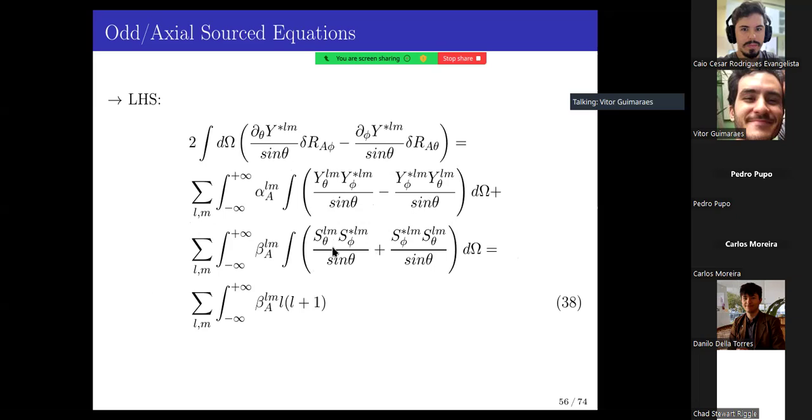If you check the orthogonality properties, you will see that the integral over d omega of this object here renders L times L plus 1. So this is how we separate them. This is how we obtain beta exclusively.